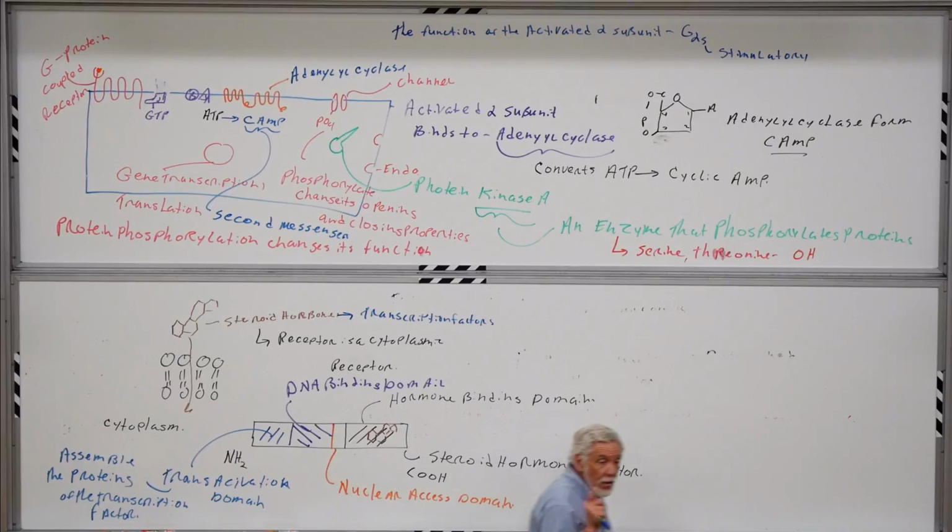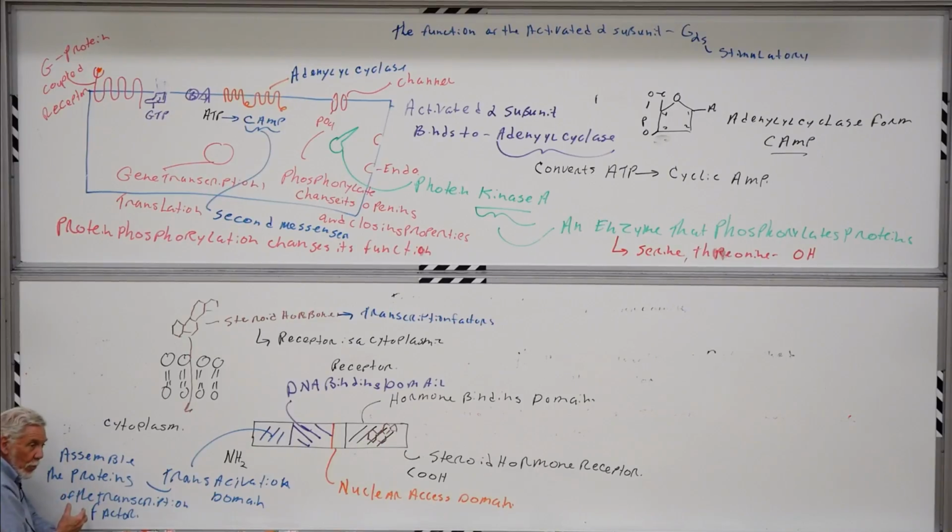Yes? I'm sorry, can you further explain what you mean by assembling the proteins of the transcription factor? Okay, so what do I mean by assembling the proteins of the transcription factor? A transcription factor isn't just one protein. It's a whole series of proteins. You can think about them as a series of Legos that have to come together to generate a certain three-dimensional shape to allow for the binding of the RNA polymerase.